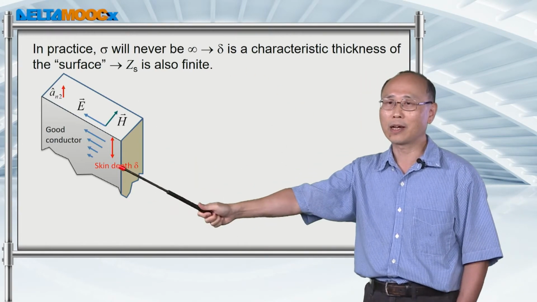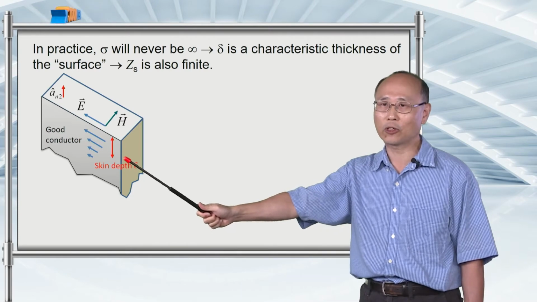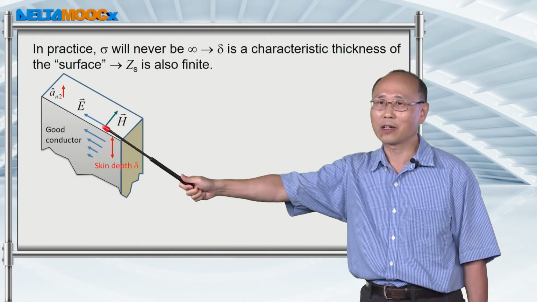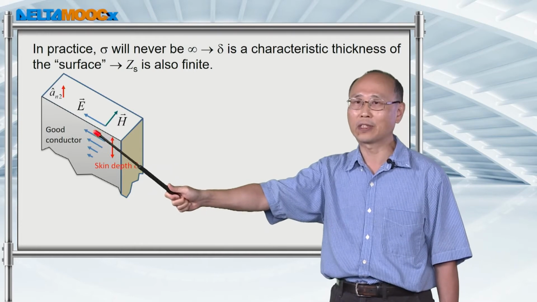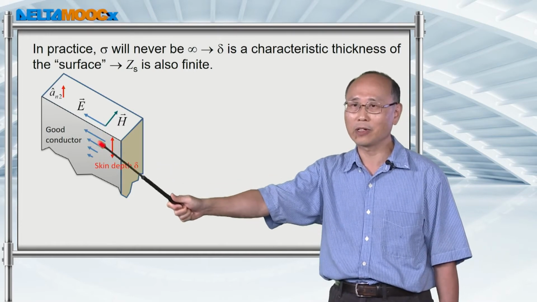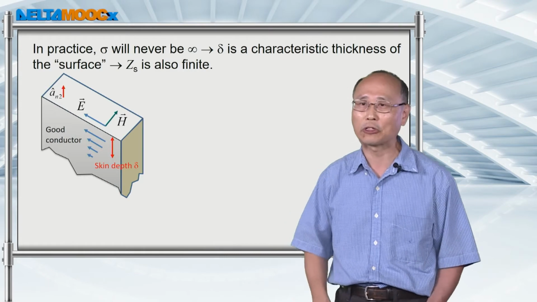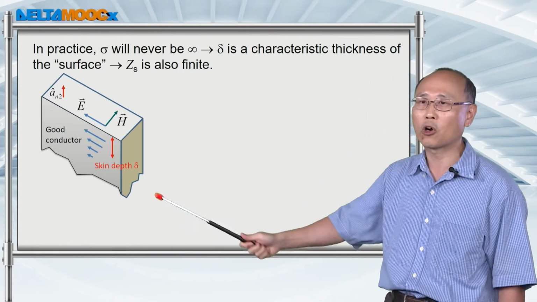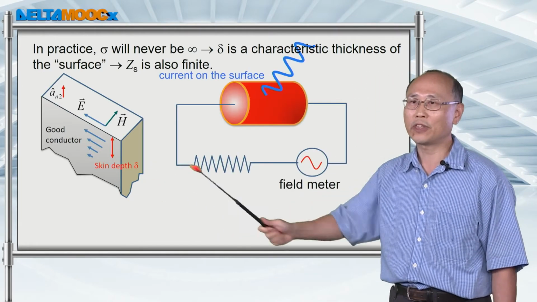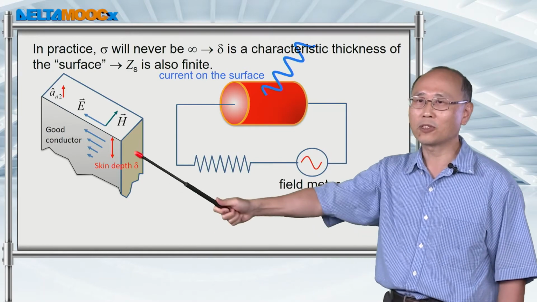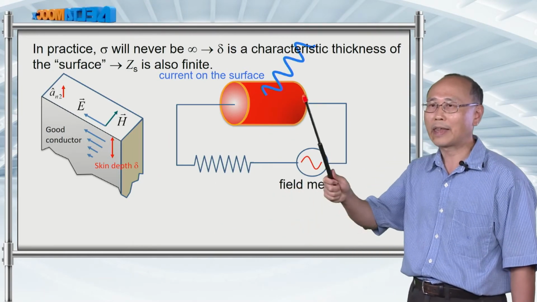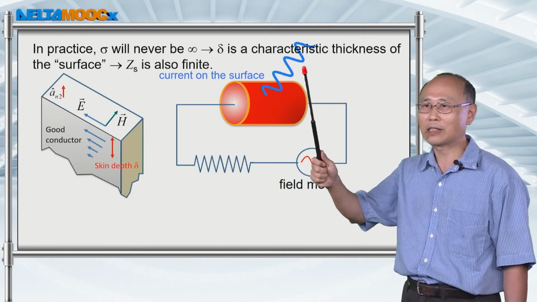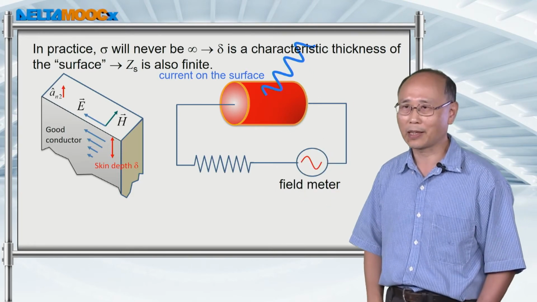And so let me bring out the physical picture again. You have some current flowing on this surface, and the field drops along this direction over a characteristic length called the skin depth. So think about that this piece of conductor is an antenna. So an electromagnetic wave is incident on this piece of antenna.